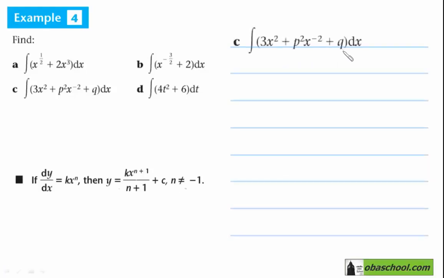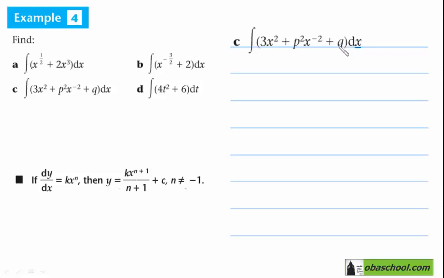In part C, we are asked to find the integration of an expression that consists of three terms with respect to dx. In this expression, we have the variables x, p, and q, but we have dx. That means we are going to integrate only with respect to the variable x.